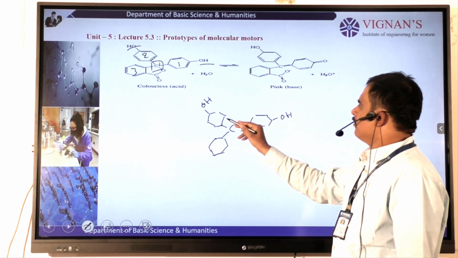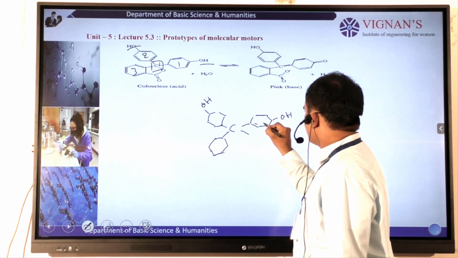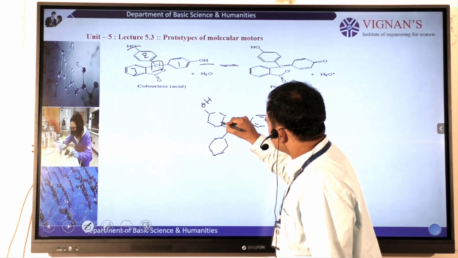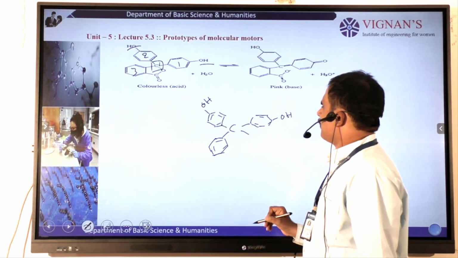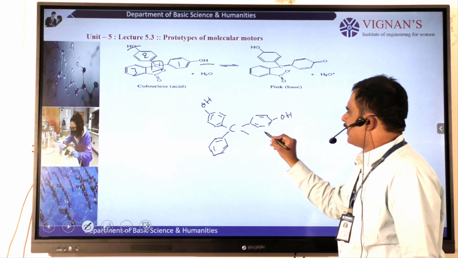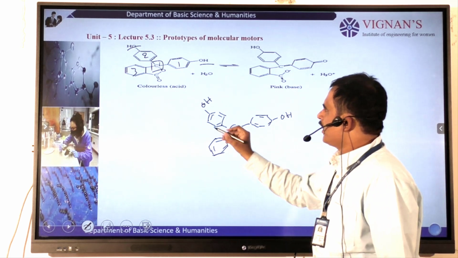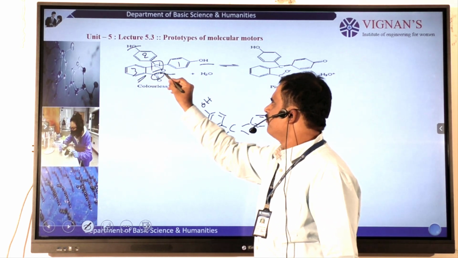Now let us fill in the double bonds in the ring. Here I just randomly give the double bonds, and now I complete the structure. Again I take another carbon which is linked with this benzene ring and with oxygen.